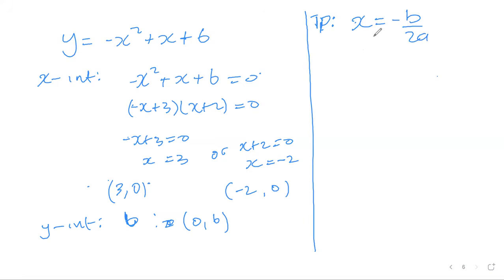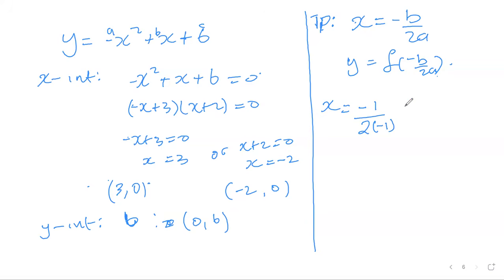And its y coordinate will be f of negative b over 2a. So x will be negative b. Remember, this is my a, x squared plus bx plus c. So my b there is 1. Negative b will be negative 1 over 2 times a. A is negative 1.